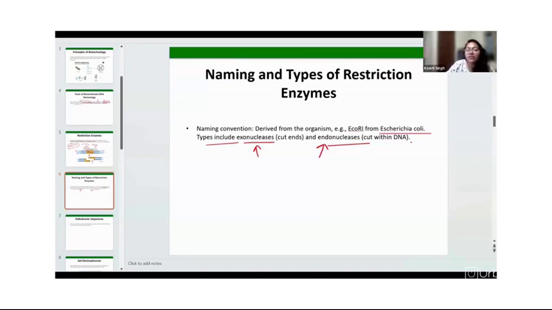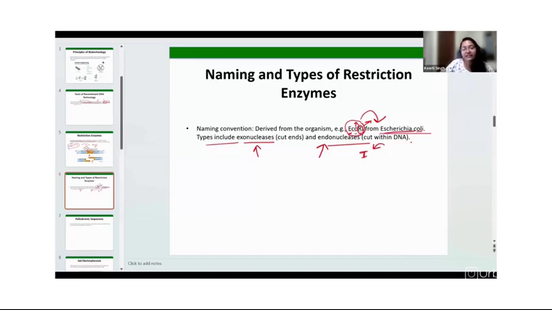So the naming of a restriction enzyme, like the EcoR1 that we used earlier, is derived from the organism from which it is derived. See, this E stands for Escherichia. The coli is the species name, right? And this R says the strain. What is the strain, right?